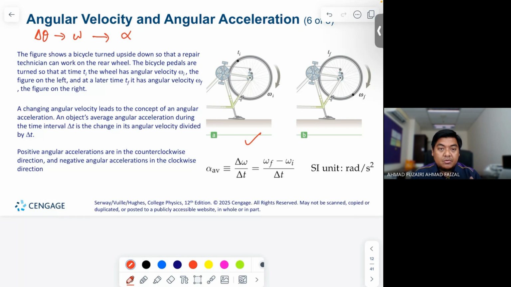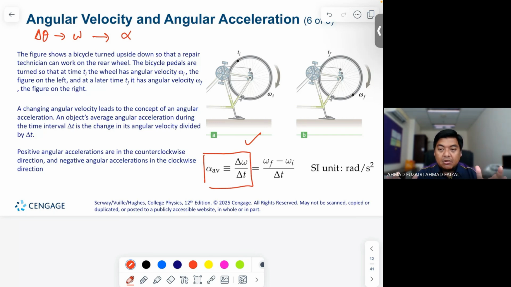When the motion is counterclockwise, the value should be positive, and when the motion is clockwise, it should be negative. How can we relate that? Look at the equation: the average angular acceleration is given by delta omega over delta t.